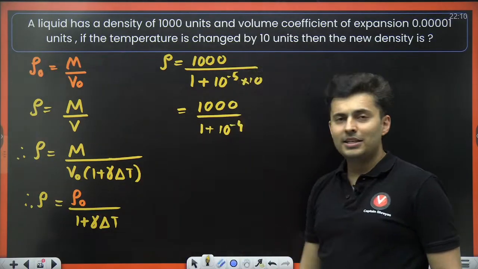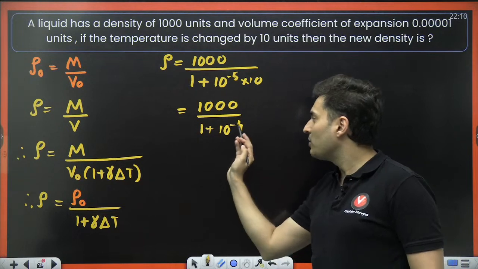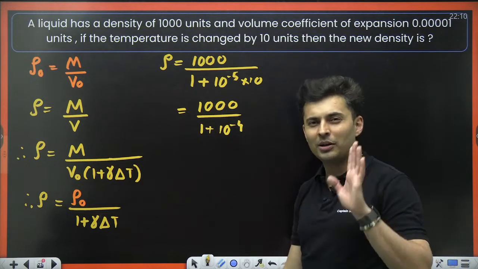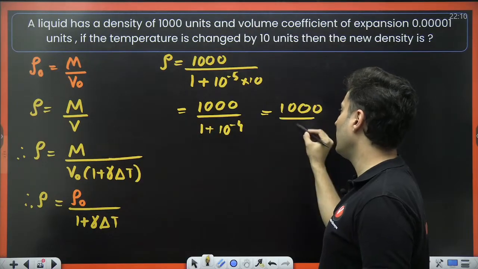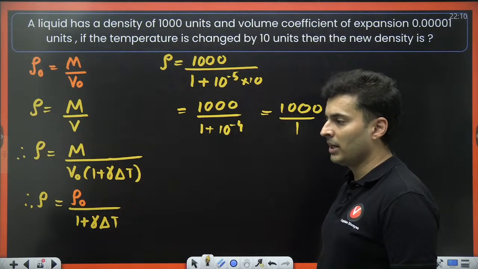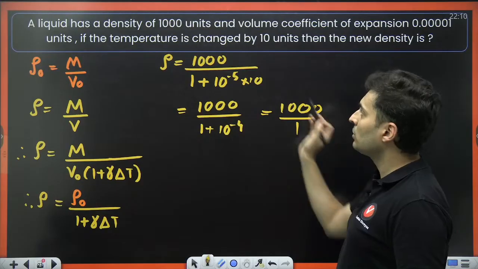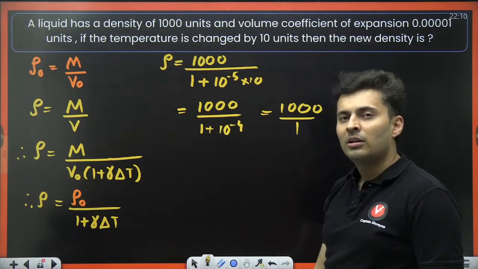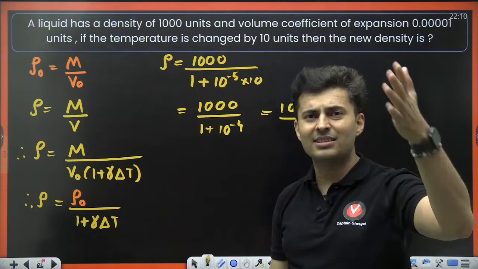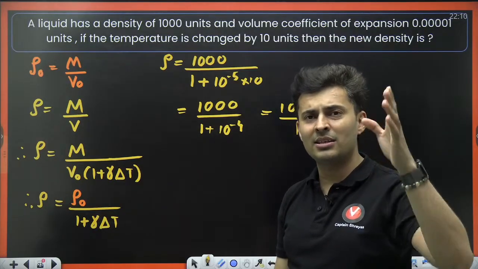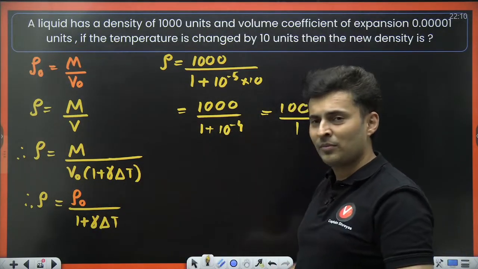Now many ultra legendary people will think, sir, this value is very small compared to 1, ignore it. No. So this will become 1000 divided by 1, like 1000 divided by 1000 only. Sir, the answer is 1000. One tight slap I should give. Then why will the examiner waste his time and effort and energy and money to make this question?